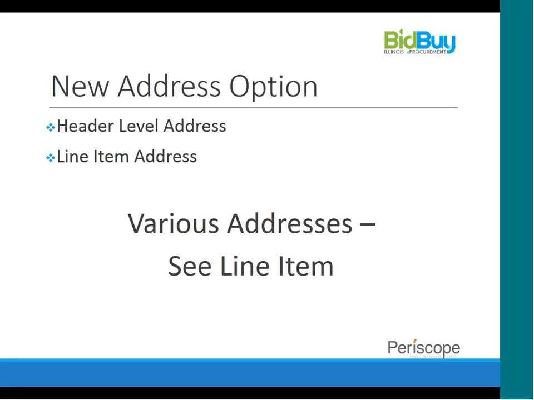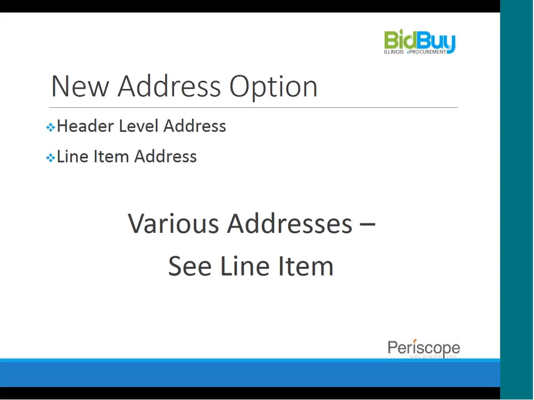But some of you have noted, or if you haven't noted, you should be aware that you have the option when you're working within BidBuy of establishing your addresses, both your bill to and your ship to addresses at the header level for a purchase order and indicate that you want everything billed and shipped to the single location. You also, however, have the option of working with each line item and going through and adding a specific address for each line item.